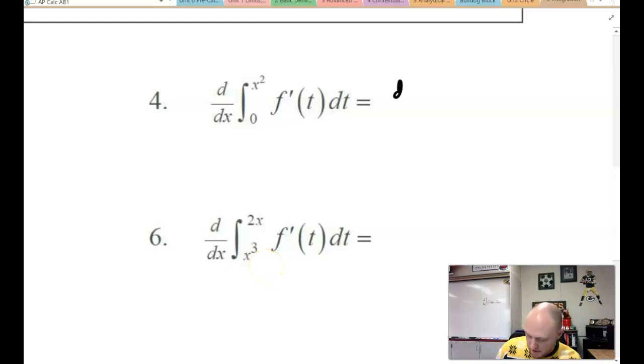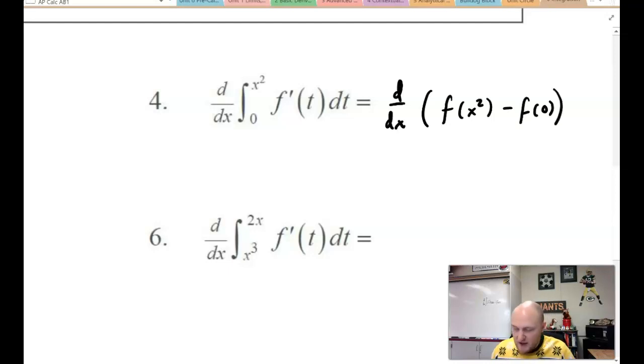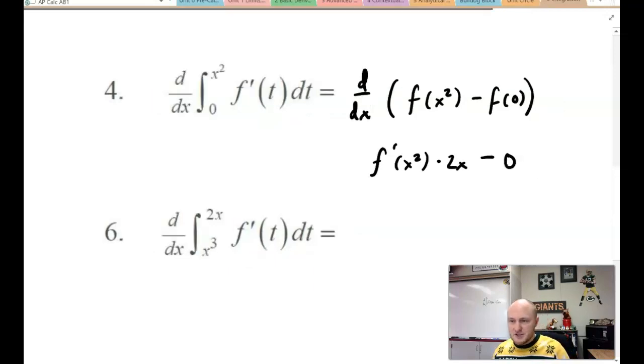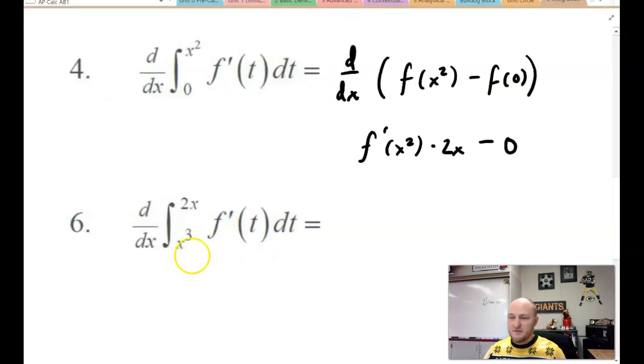I'm taking d dx of f of x squared minus f of 0. The derivative of f of x squared is f prime of x squared, but I now have to multiply times the derivative of the inside, which is 2x. Then the derivative of f of 0 again is 0. So I get f prime of x squared times 2x.